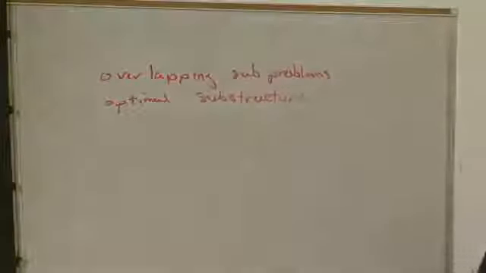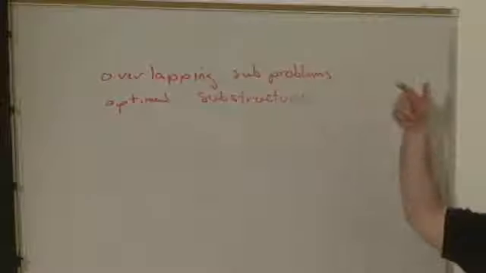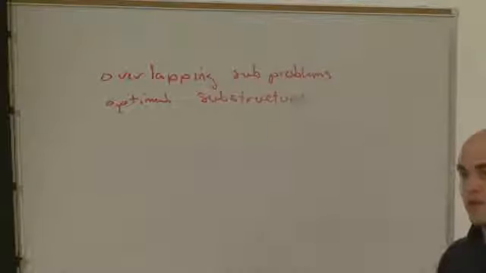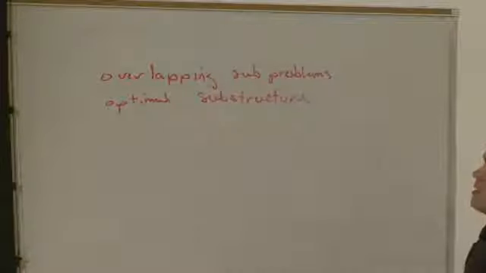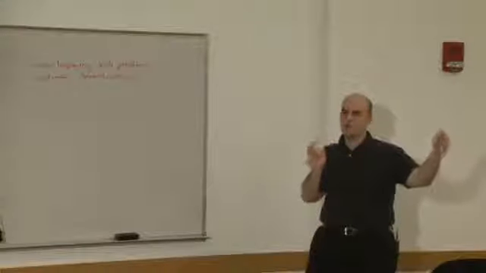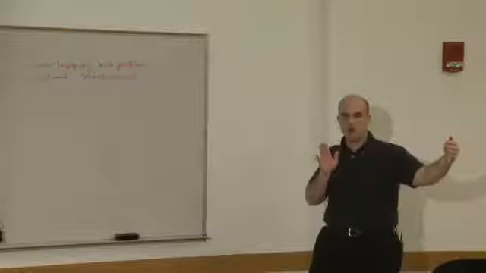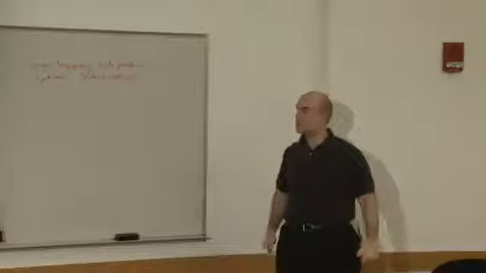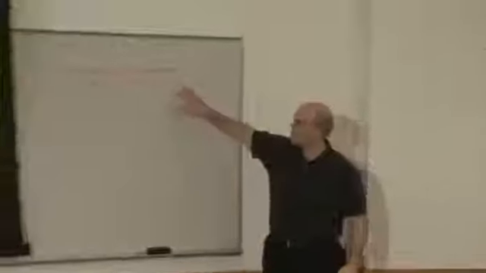Okay, can you describe the first one, or anyone? So when we say overlapping subproblems, it means that we can take the big problem and break it down to a slightly smaller instance of the same problem. And then we can use the solution to that smaller subproblem in the solution to our bigger problem. And then optimal substructure is closely related.